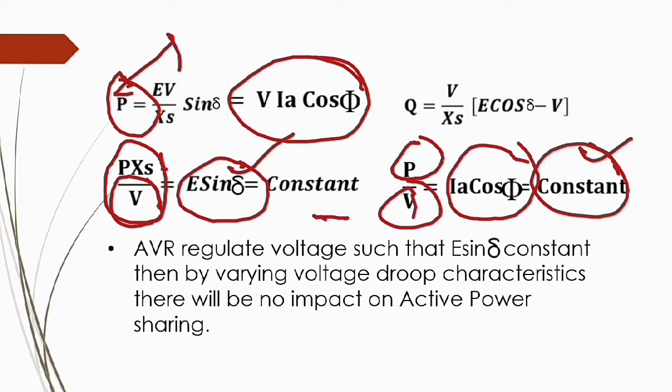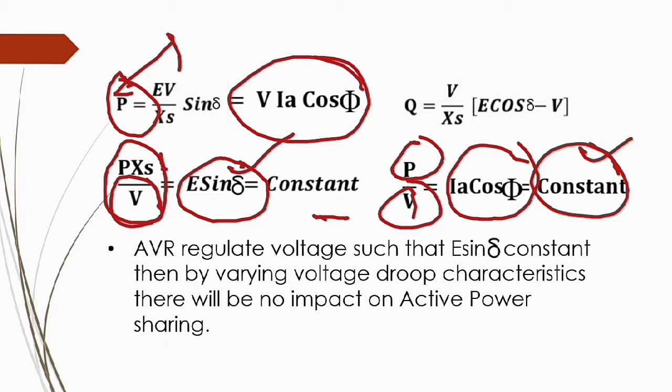The AVR concentrates on these things: IA cos phi and E sin del should be constant for constant terminal voltage and active power. So the AVR regulates voltage such that E sin del is constant, and then by varying voltage droop characteristics there will be no impact on active power sharing.